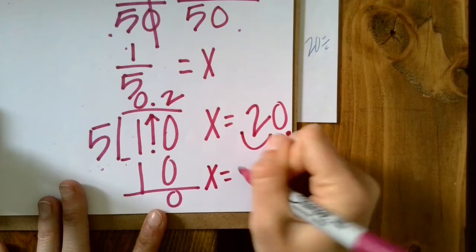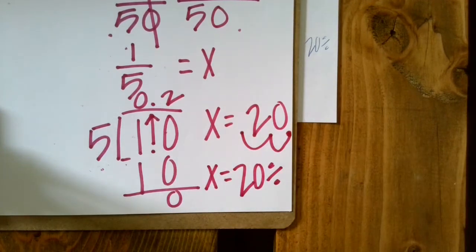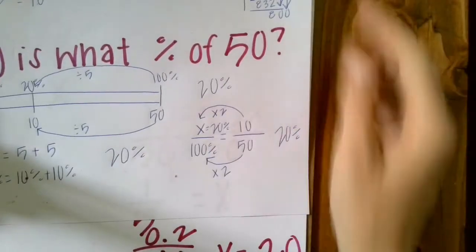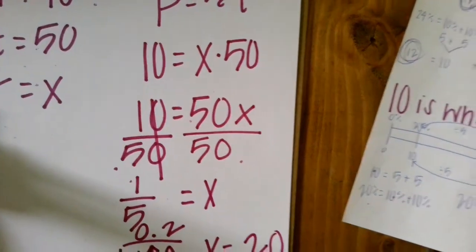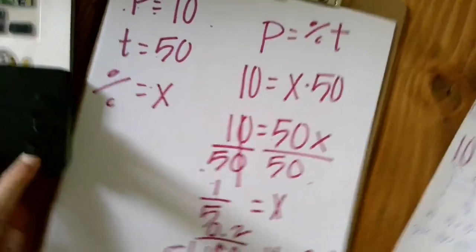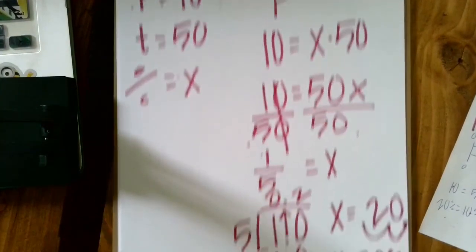That means x equals 20%. So 10 is 20% of 50, which is exactly what we got the first time as well. And so there's all of my work, as you can see.